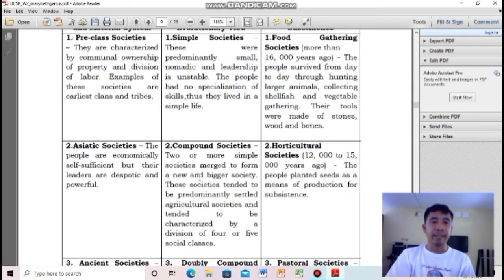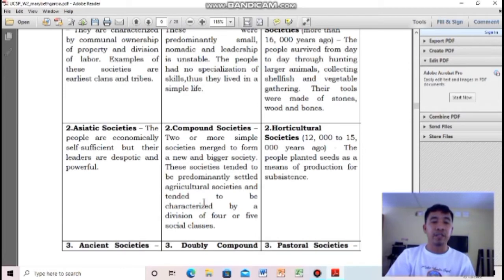Okay. For the second one is compound societies. Two or more simple societies merge to form a new and bigger society. These societies tended to be predominantly settled agricultural societies and tended to be characterized by a division of 4 or 5 social classes.